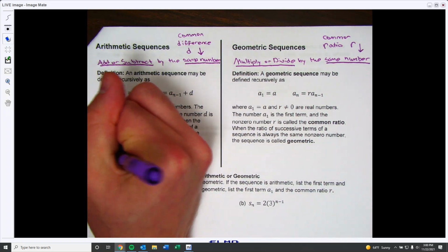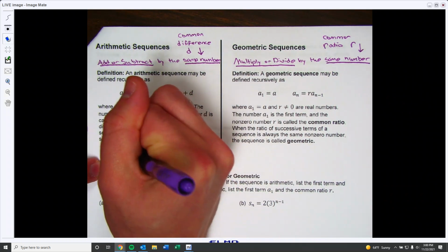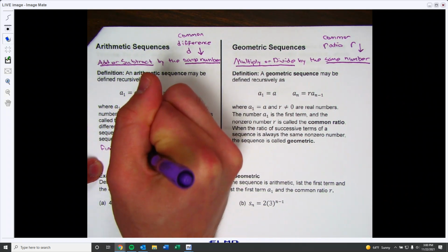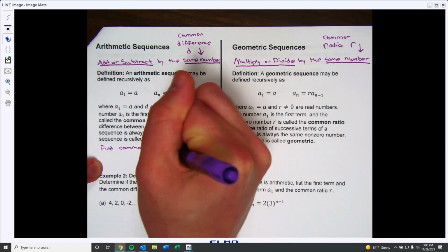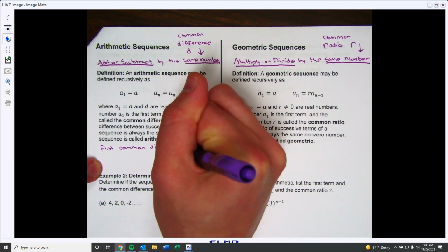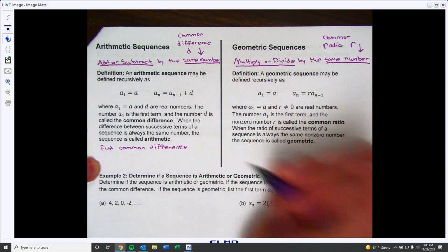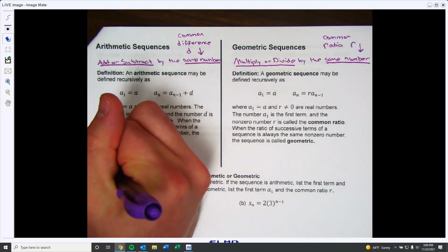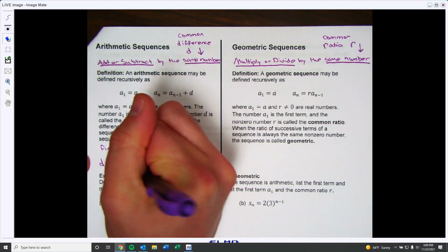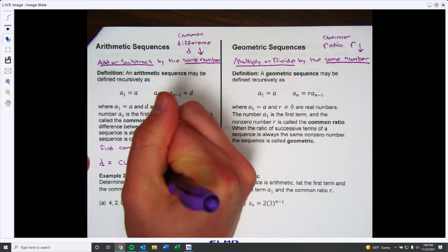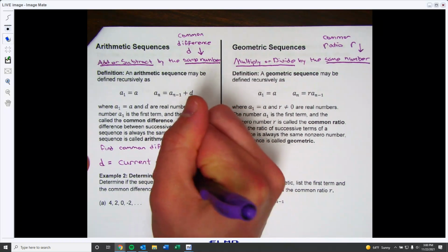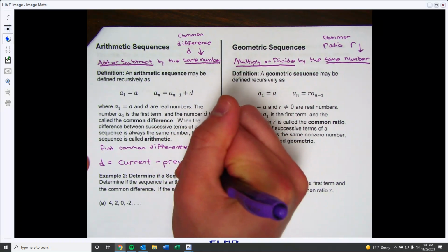So down here at the bottom, we're going to put down how to find the common difference. The way we do it is D will be equal to whatever your current term is minus your previous term.